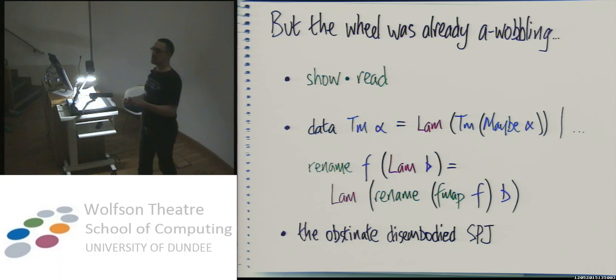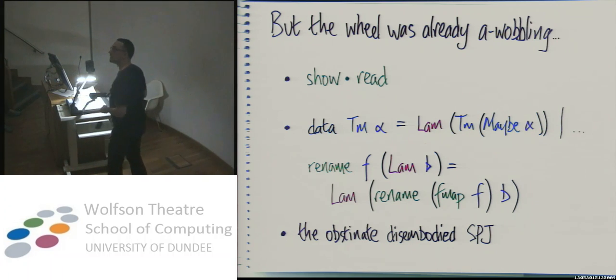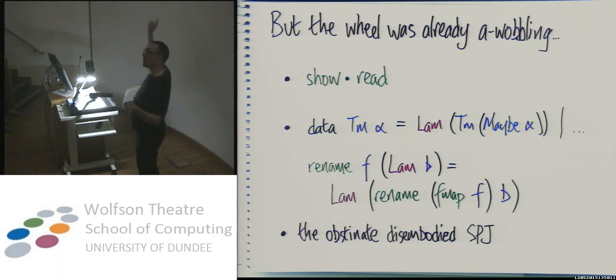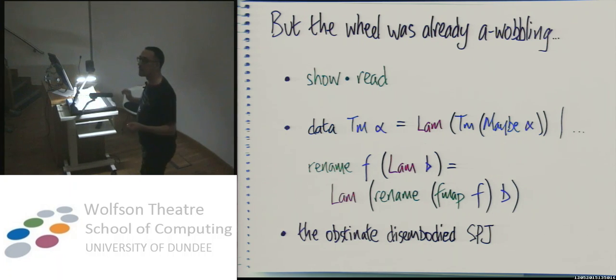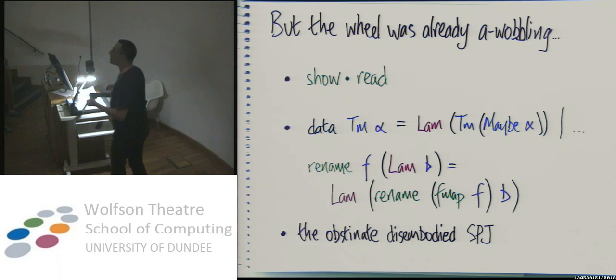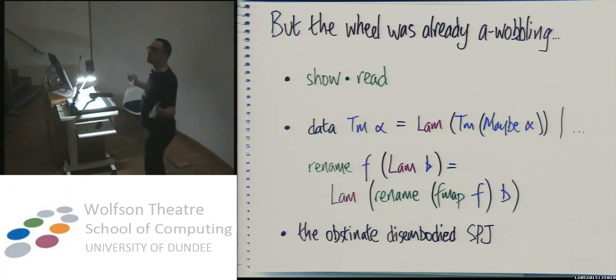And still, it doesn't show up in the type of the resulting expression, right? Show composed with read. Show after read is string to string. No type variable. The type variable in the middle isn't present in the type of the whole thing. Now, this is the joy of parametric polymorphism.